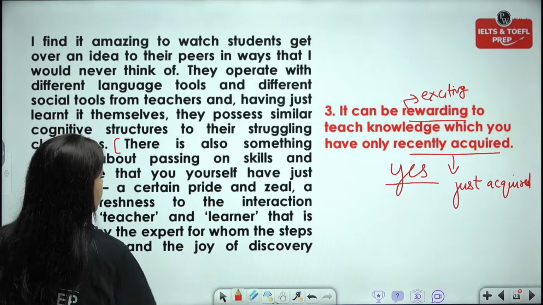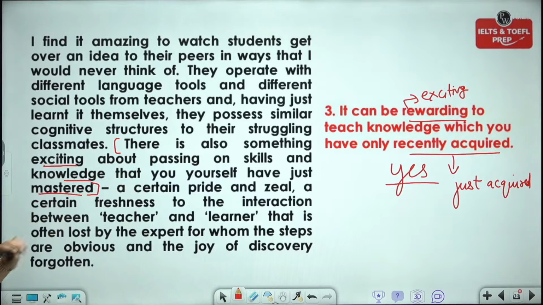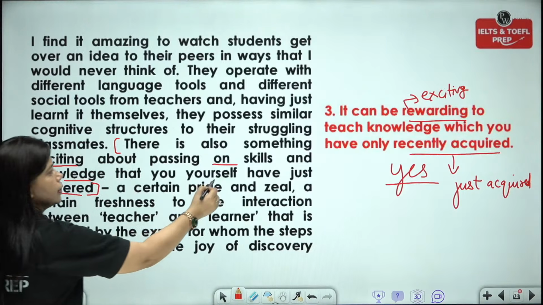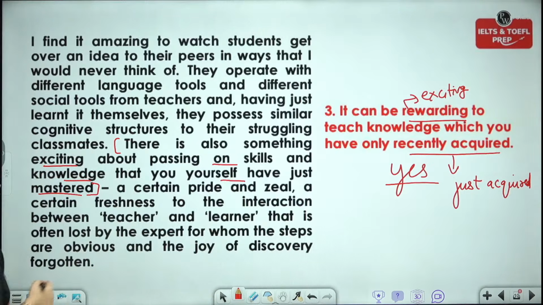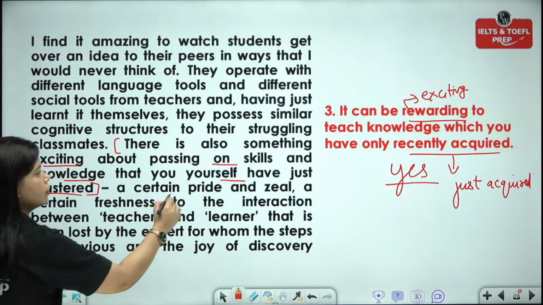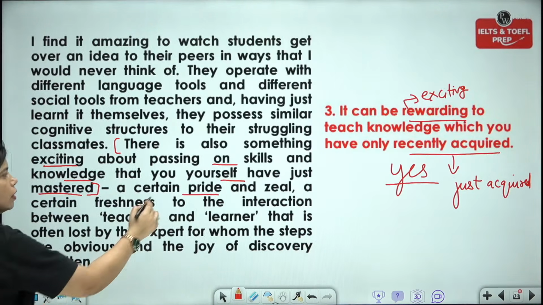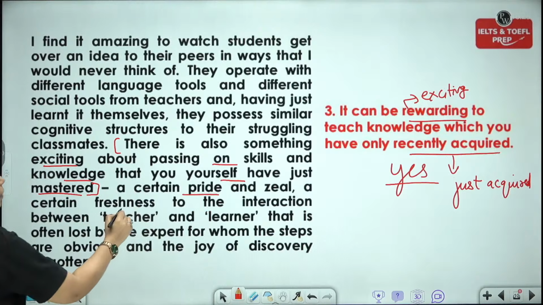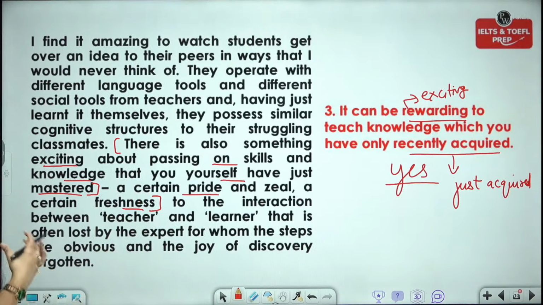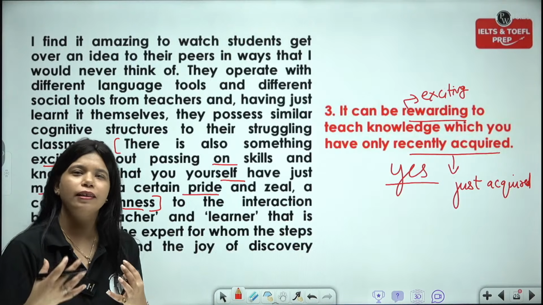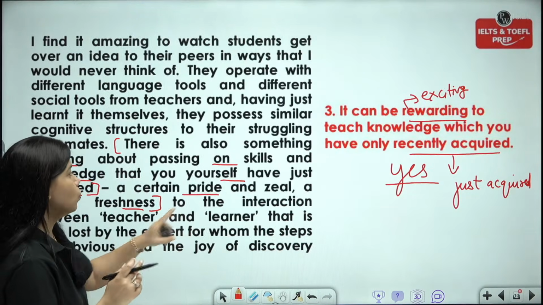All right. So what they are saying over here is there's also something exciting about passing on skills and knowledge that you yourself have just mastered. What is exciting about it? A certain pride and zeal. Zeal means enthusiasm, energy. A certain pride and zeal, a certain freshness. You feel pride, you feel energy, and there is a little freshness about it to the interaction.